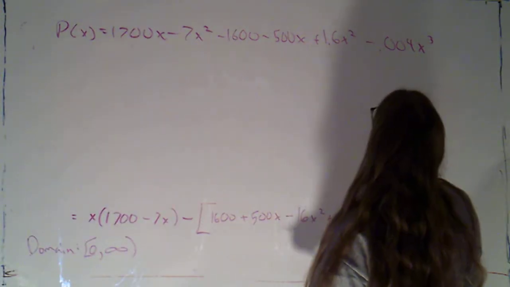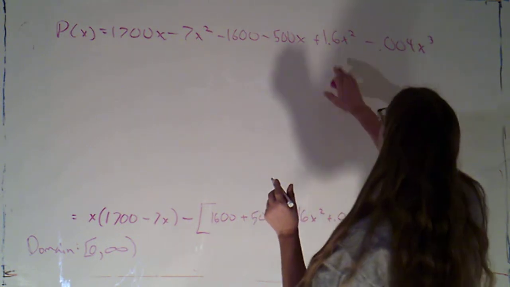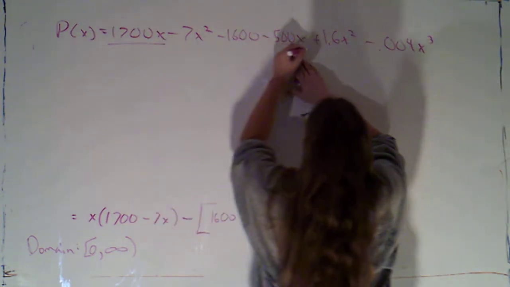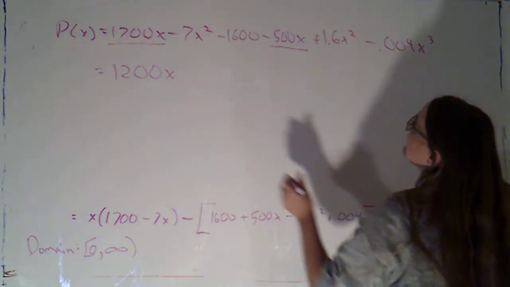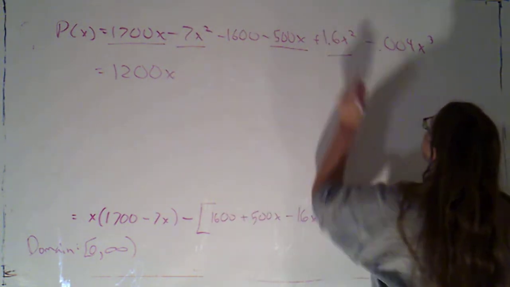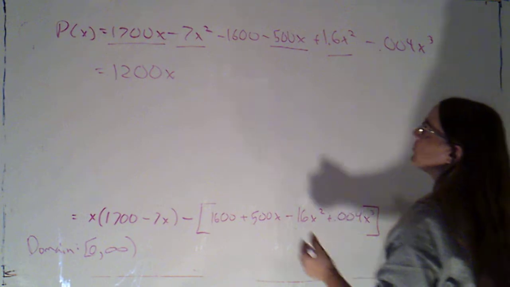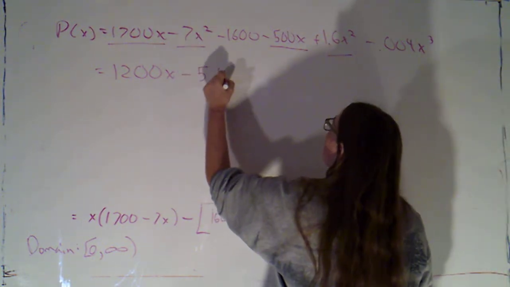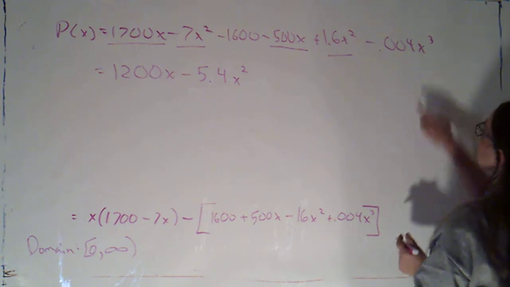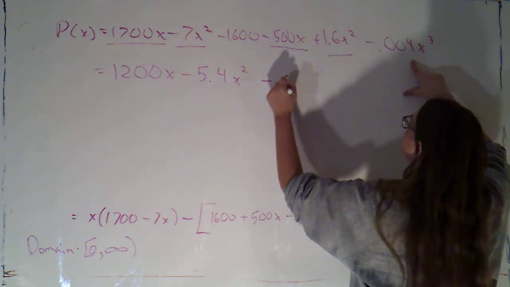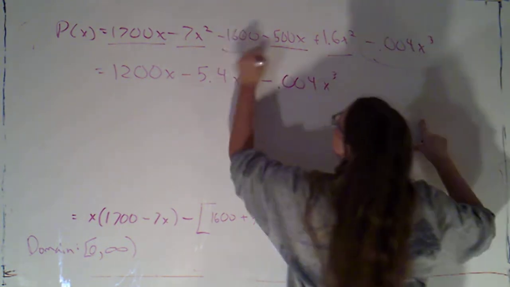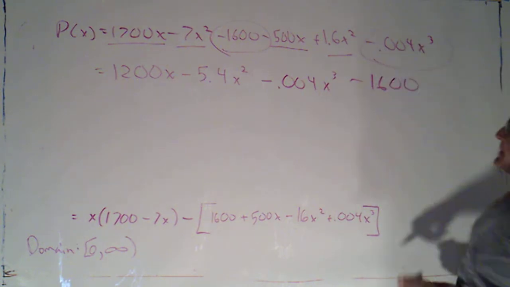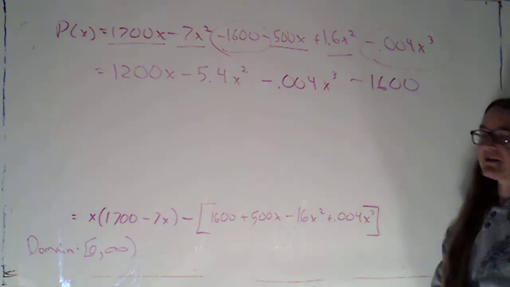Before I take the derivative, let's just combine some like terms. So I've got here some x's and some x's. So that's going to be a total of 1200x. This is minus 7x squared plus 1.6x squared. So that's going to be minus 5.4x squared minus 0.004x cubed and minus 1600. Okay. So I was able to combine some x's and some x squareds.